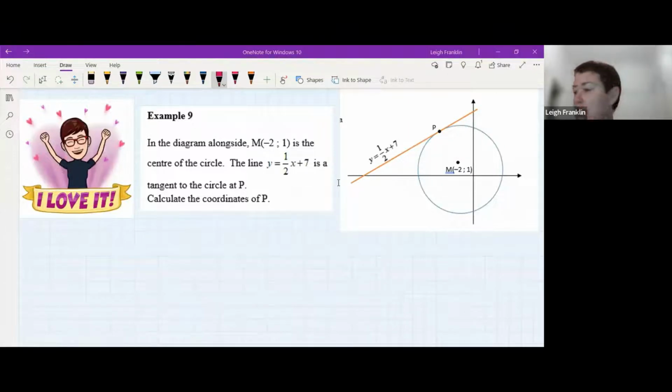How do you think we're going to solve this? Maybe I must change my question. Do we have enough information to get the equation of the circle? Is there enough information for us to get the equation of the circle?